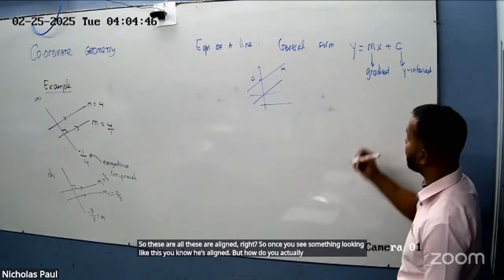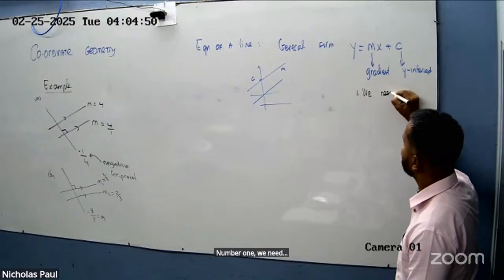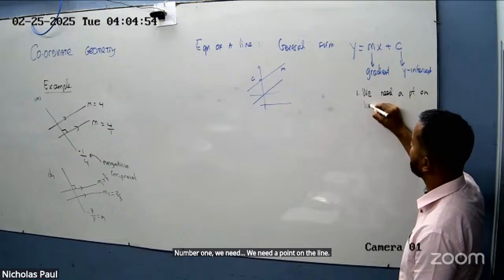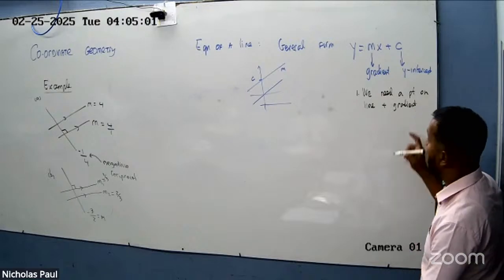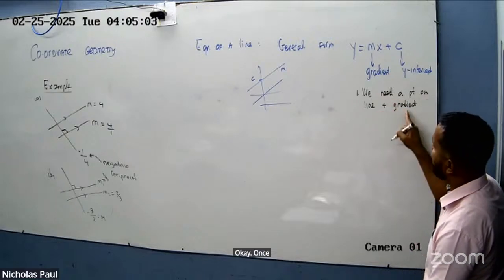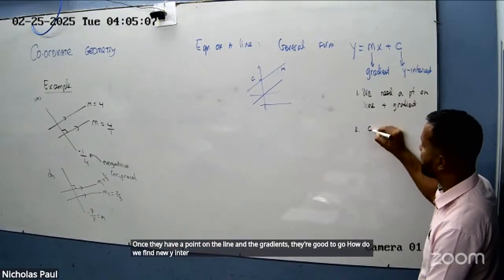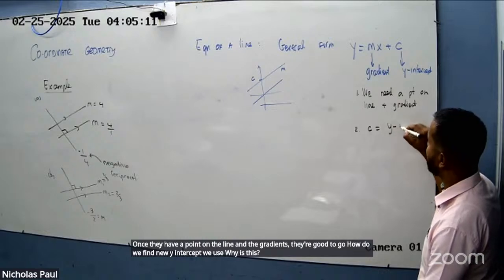Here's what you need. Number one, we need a point on the line and the gradient of the line. Okay. Once you have a point on the line and the gradient, you're good to go. How do we find the y-intercept? We use y-intercept is y minus mx.